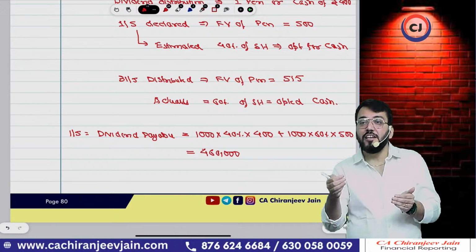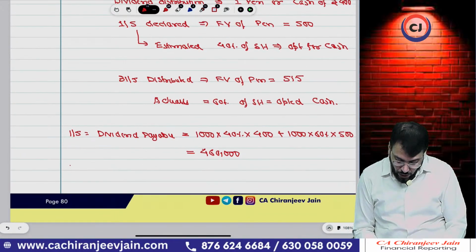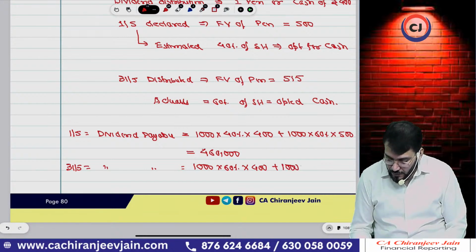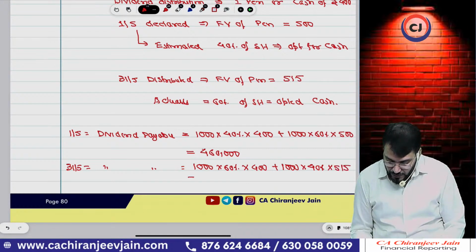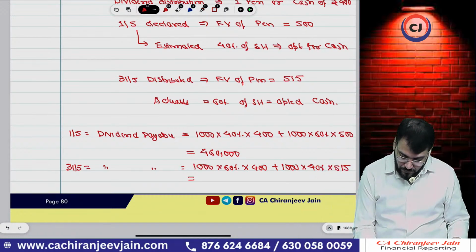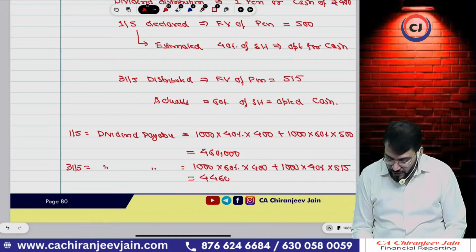So what journal entry will we do? Retained earnings account debit to dividend payable at this point of time. Then on 31st May, on the date of distribution, what is the dividend payable? 1000 into 60% into 400 plus 1000 into 40% into 515, which is equal to 4,46,000.